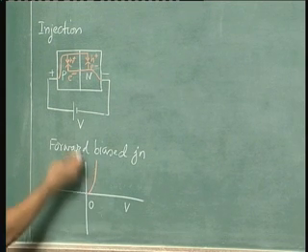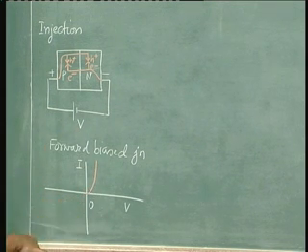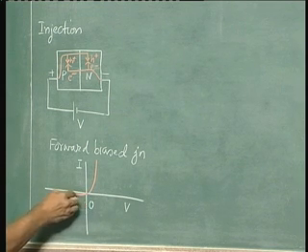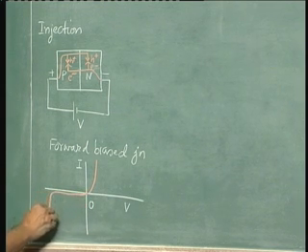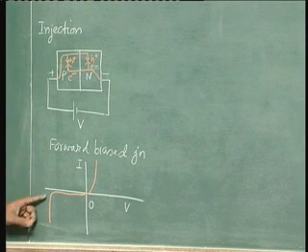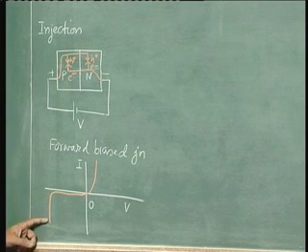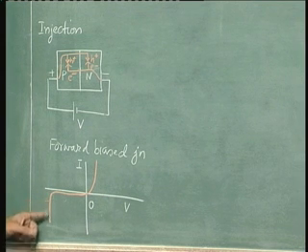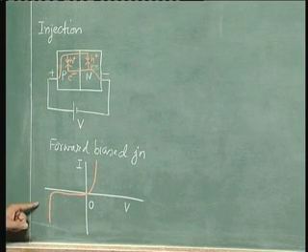Now if you reverse the voltage polarity, then there is a small current flowing, and beyond a certain critical voltage what happens is that the current increases rapidly. This increase in current for reverse voltages also signifies generation of excess carriers. Okay? This is in the breakdown region.